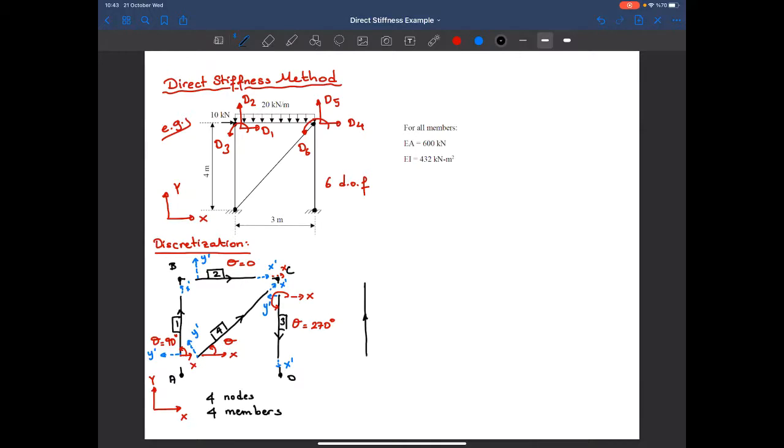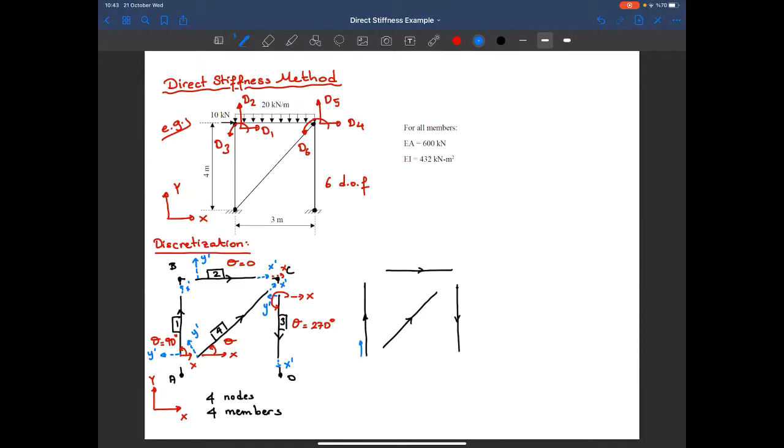I will just draw another figure. That's the first member, that's the second member, and this will be the third, and this is the fourth member. Okay, so for the first member, the first degrees of freedom will be at the start node in the local X direction.